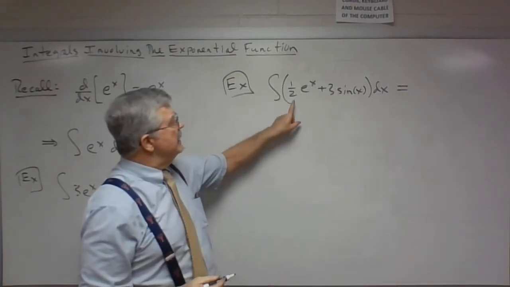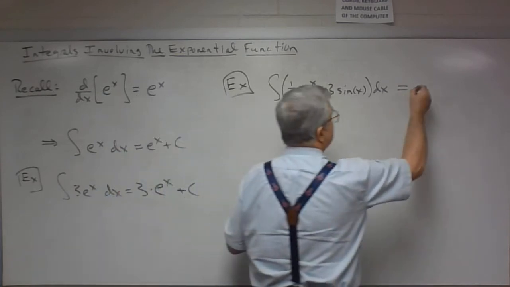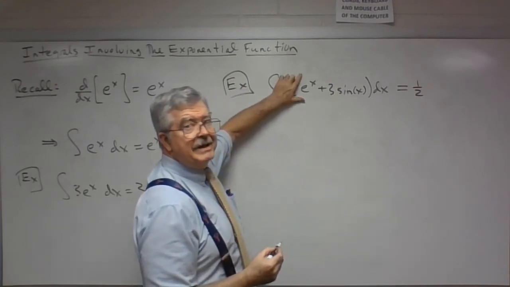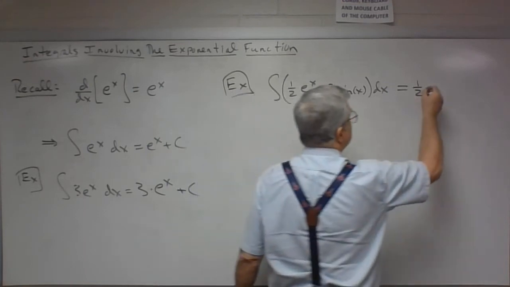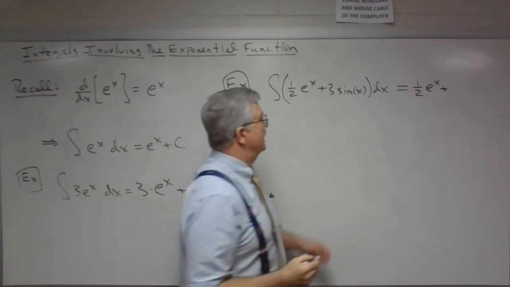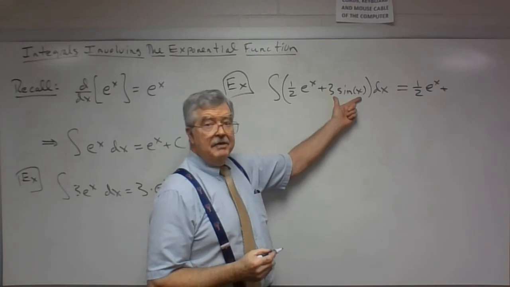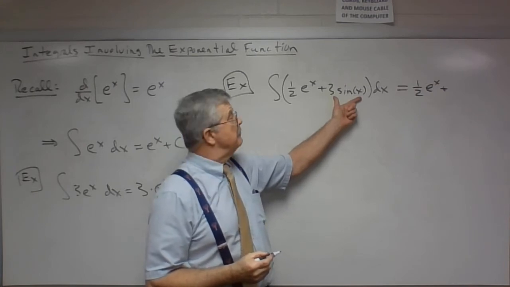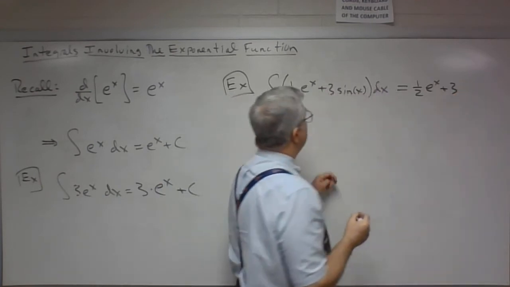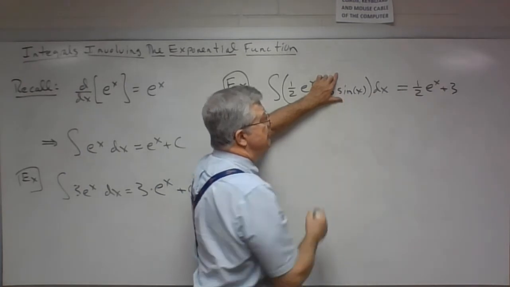We write down the constant, and then we look at the function and compute its antiderivative. And then we move on. We do the antiderivative of the next term. It's a constant times a function also. So we write down the constant, and then we ignore the constant and compute the antiderivative of the function.